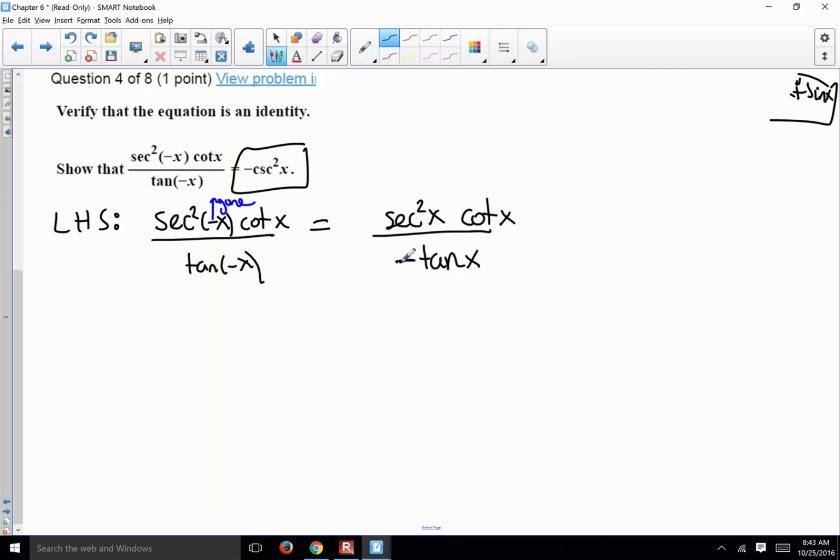What's that? Expand the square. How? Which square? Secant square? How? Yeah, this is secant x times secant x. Okay. Cotangent, you want to flip the cotangent into... Yeah.